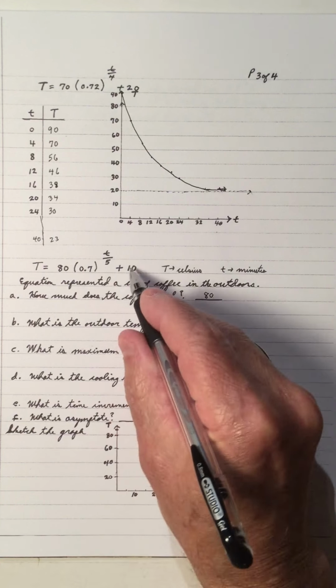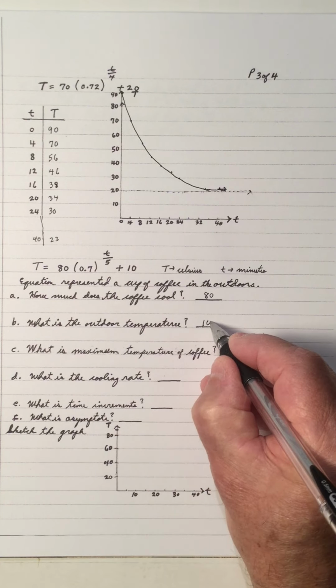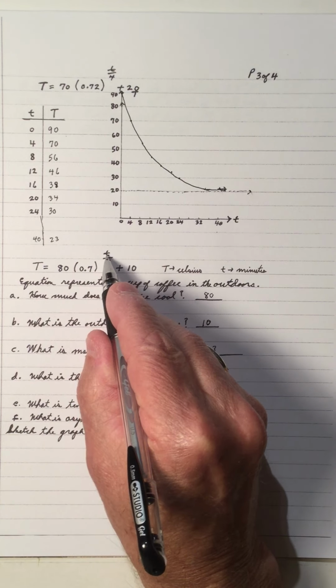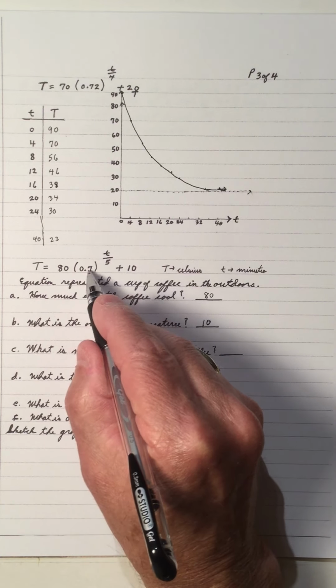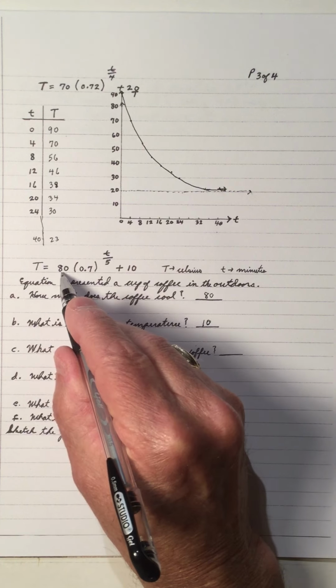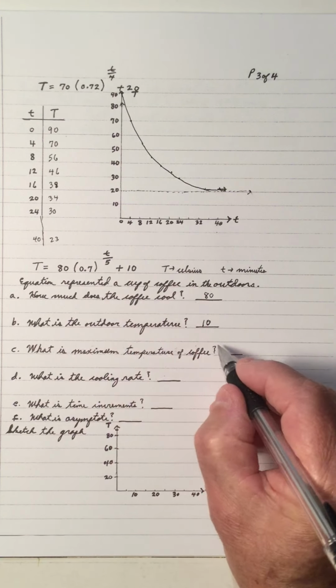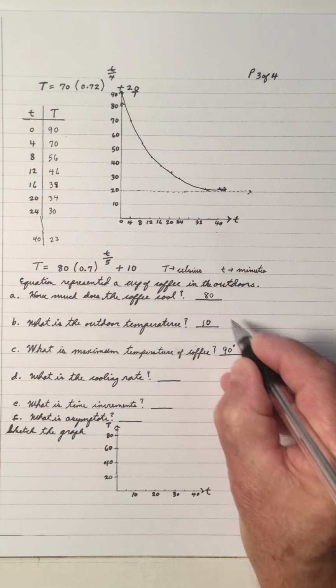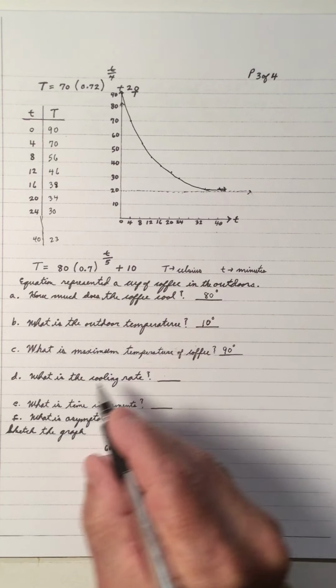What is the outdoor temperature? 10. What is the maximum temperature? When you put a 0 here for time, 0.7 to the 0 is 1. 80 plus 10. The maximum temperature of the coffee before it starts cooling is 90.